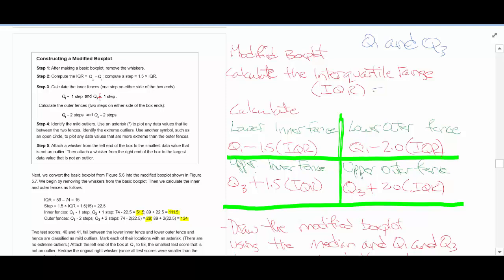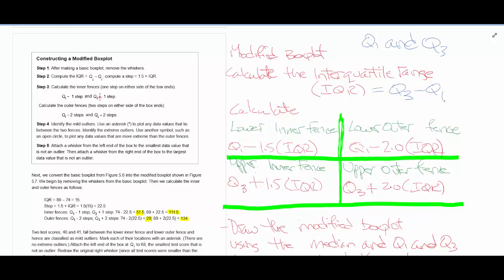The interquartile range is equal to the difference between the value of Q3 and the value of Q1. Once you've got the interquartile range, you can do 4 more calculations. These 4 calculations involve calculating what are called fences. So with the modified box plot, there are 2 types of fences: inner fences and outer fences.